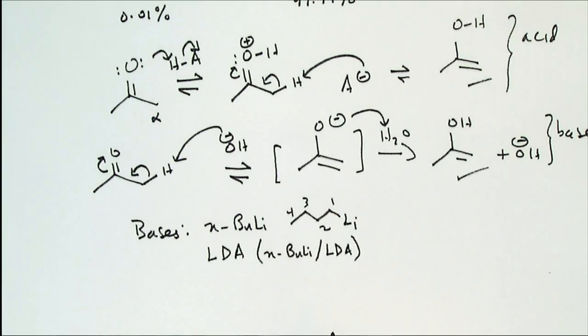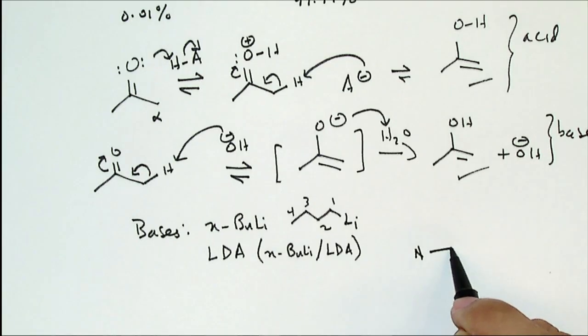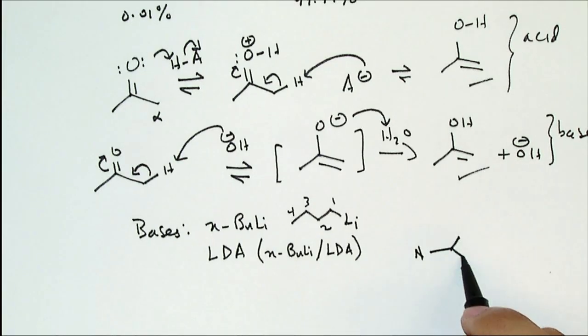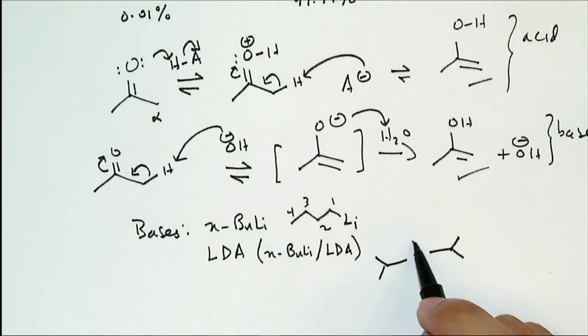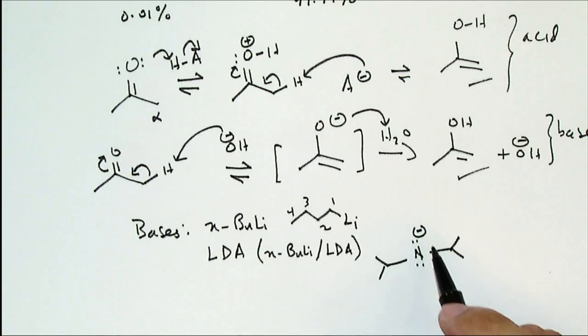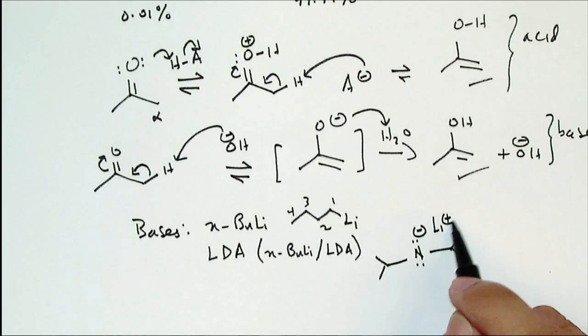It is a situation where you have a nitrogen and you have isopropyl groups, with a minus charge here, and the lithium is a counter ion.